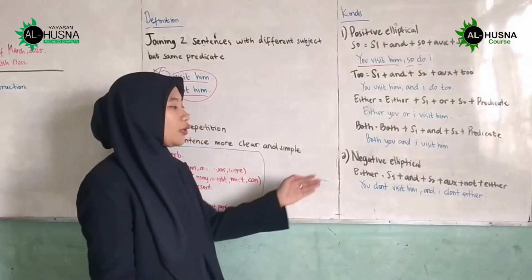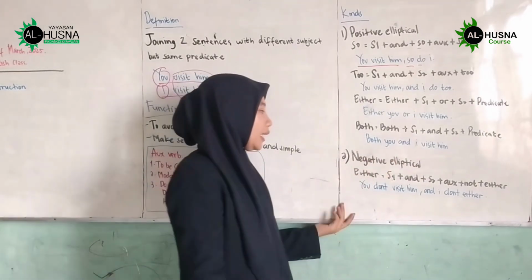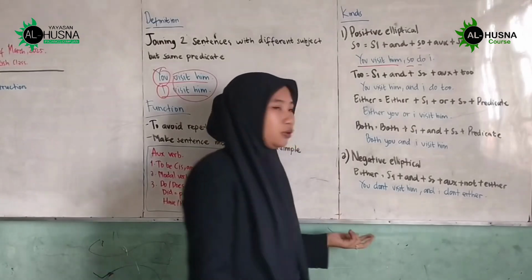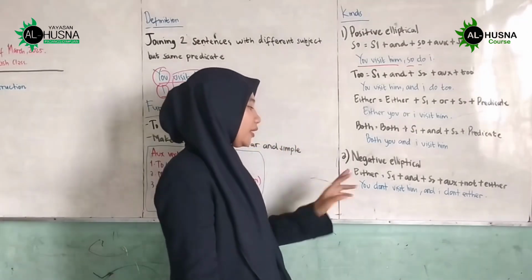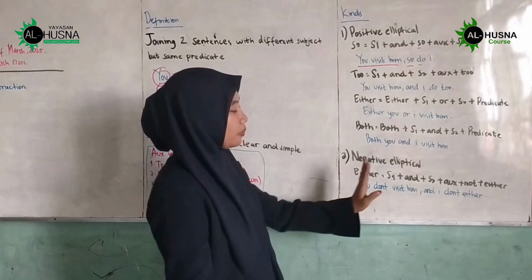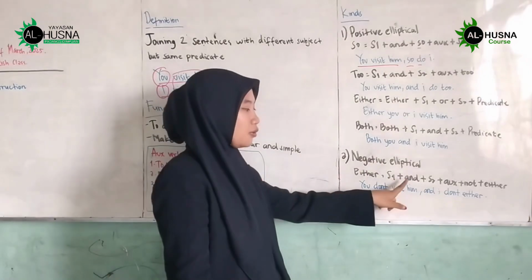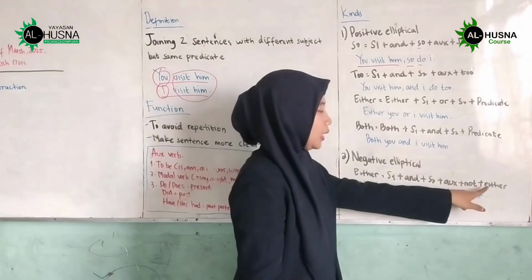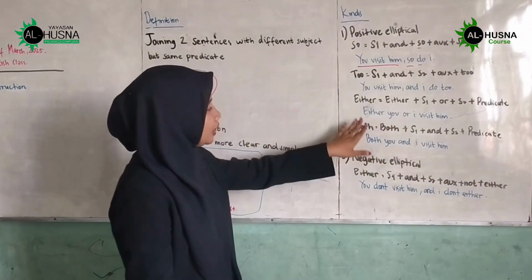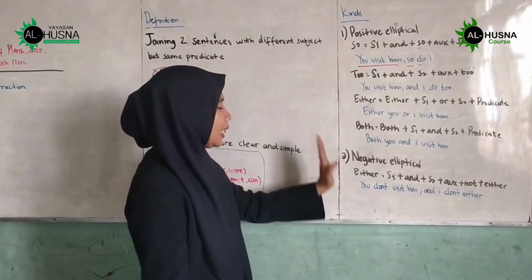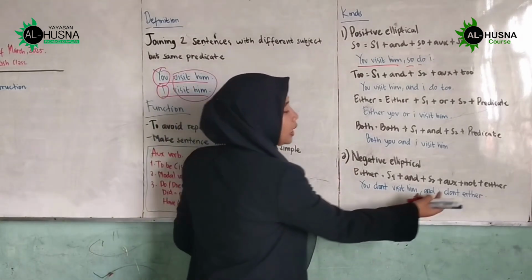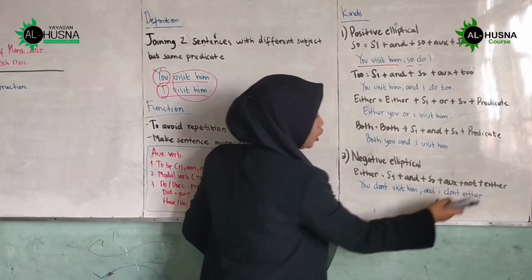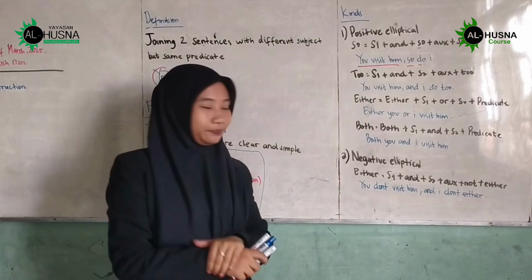Okay? Next, we are going to the negative elliptical. Negative elliptical is divided into two types. The first is either, with form first sentence plus conjunction and the second subject, auxiliary, not, and either. Because we already have either in positive elliptical, in negative elliptical we have to make sure that the auxiliary plus not, or auxiliary, is in negative form.